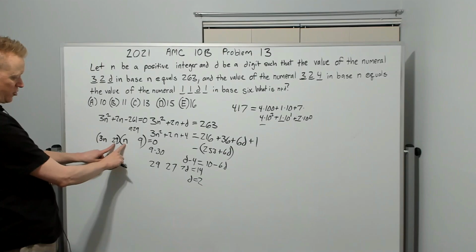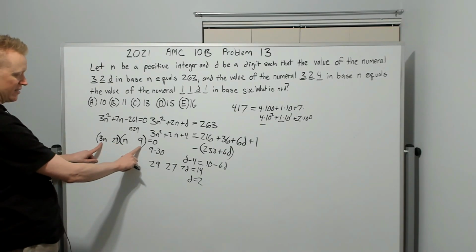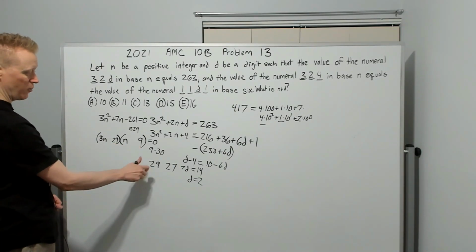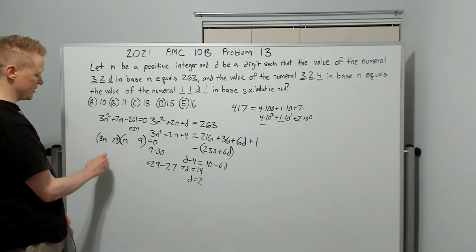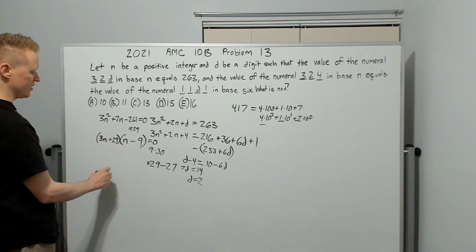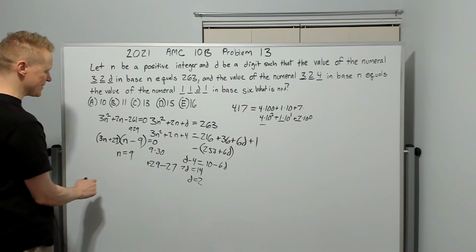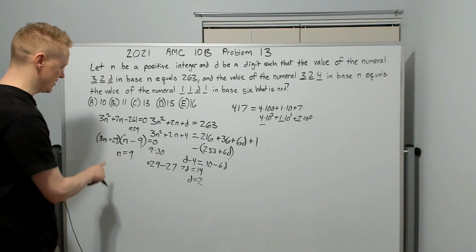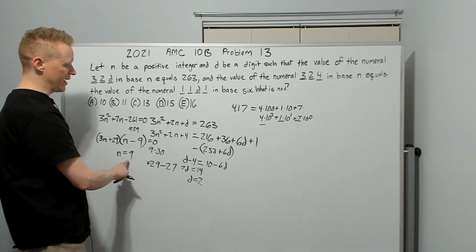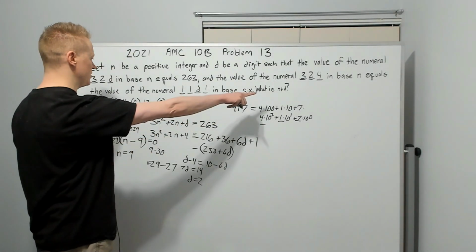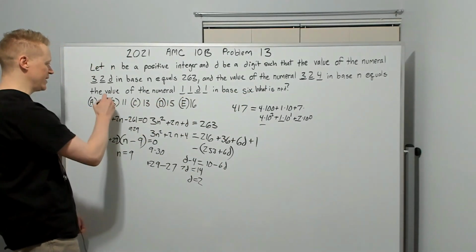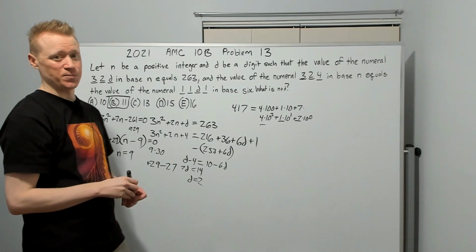That will allow me to create a product of 29n and 27n, of which I want the 29 positive and the 27 negative. So that goes here and here. Therefore, n is equal to 9 because it's not this, not that at all. Then we got n is 9, d is 2, 9 plus 2 is 11. That's answer choice B. Got it.